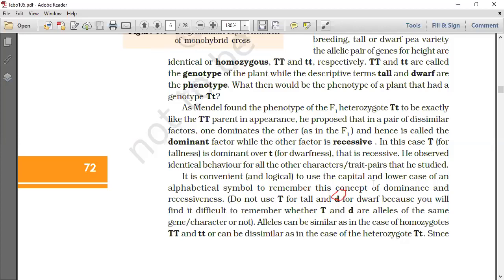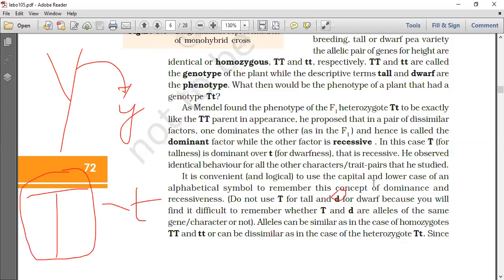We have to take the dominant character as a capital letter, and the small letter will be for the recessive character. To avoid confusion, you would find it difficult to remember capital T and D, so that's why we are using capital T, small t.